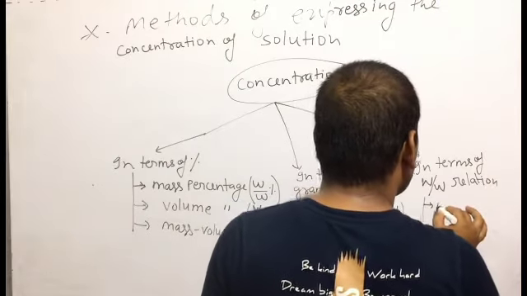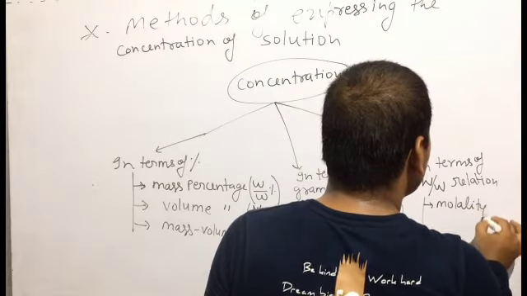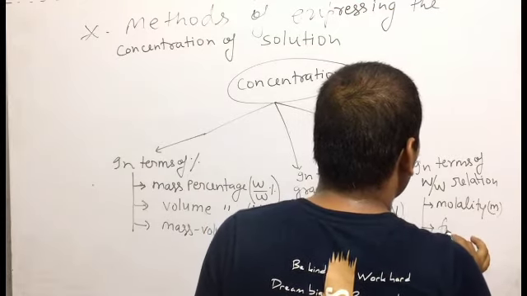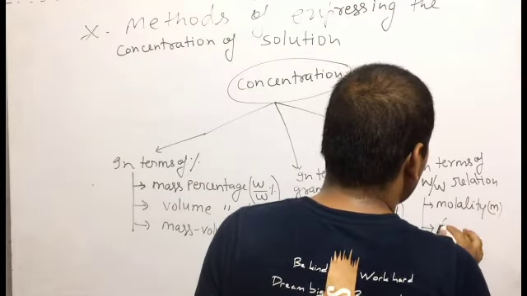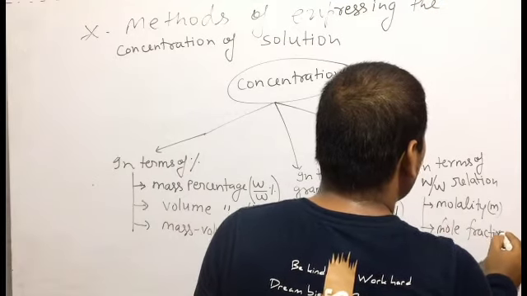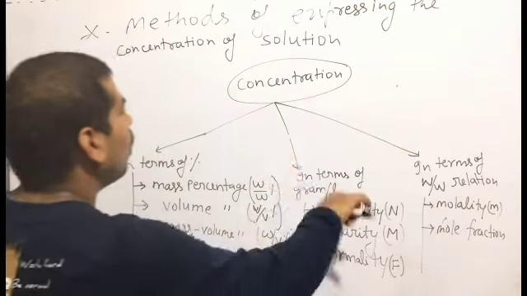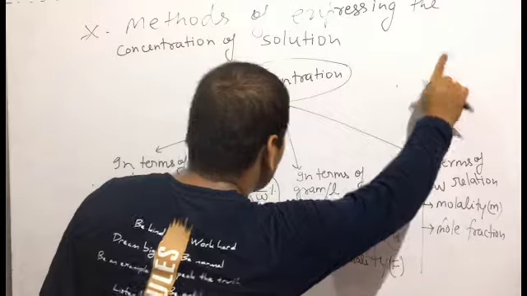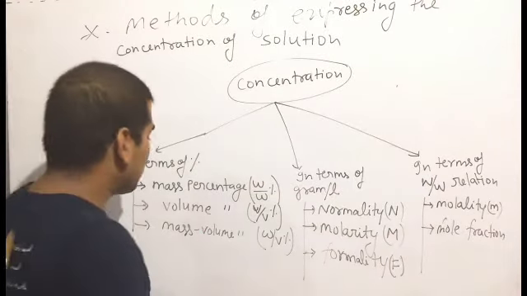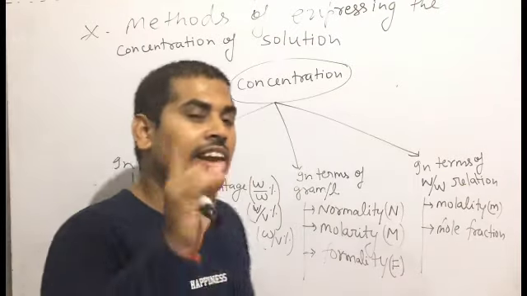So first is molality, represented by small m, and second one is mole fraction. These are the methods of expressing the concentration of solution. We will discuss in detail each of the methods in next video.